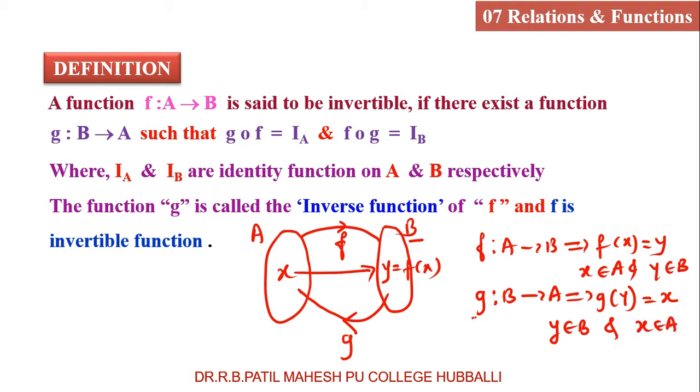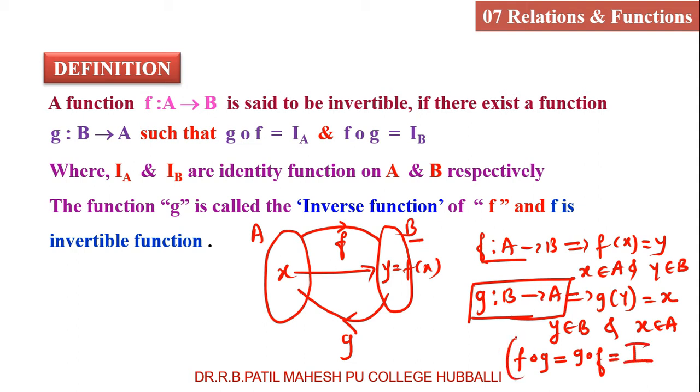To say the function g is the inverse of the function f, the condition is that f composition g and g composition f both should be equal to the identity function.